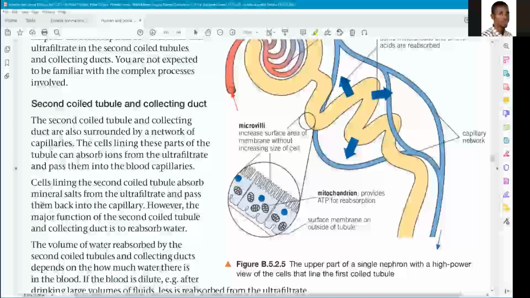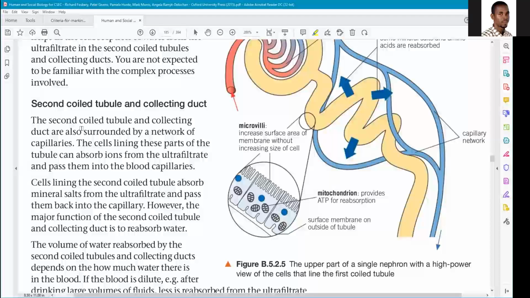Cells lining the second coiled tubule, which would be the distal convoluted tubule, absorb minerals. Why do they say mineral salts? They've gone back old school because I noticed they did not say distal convoluted tubule as they have in the diagram. They just use the normal word. Anyway, cells lining the second convoluted tubule absorb mineral ions from the ultrafiltrate and pass them back into the capillary.